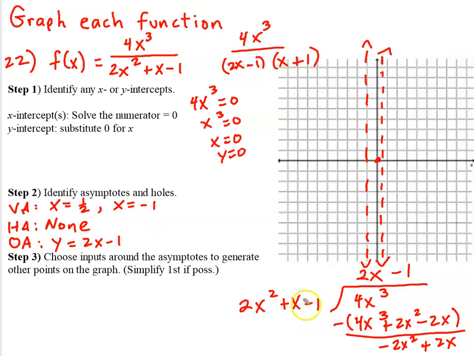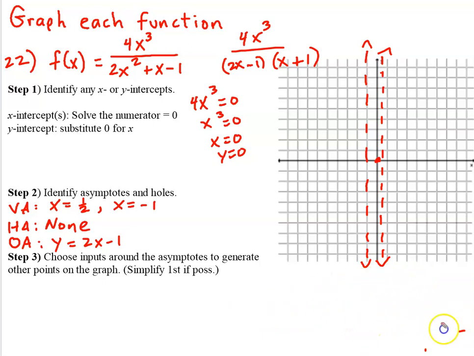Let's see if that oblique asymptote will be crossed. So let's let 2x minus 1 equal the function, 4x cubed over 2x squared plus x minus 1.